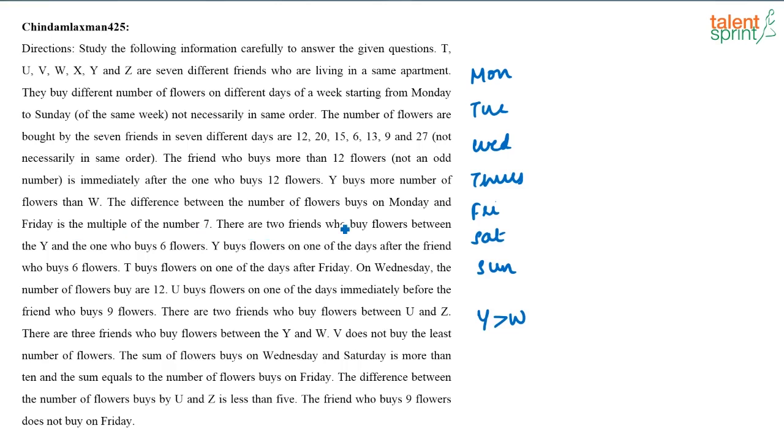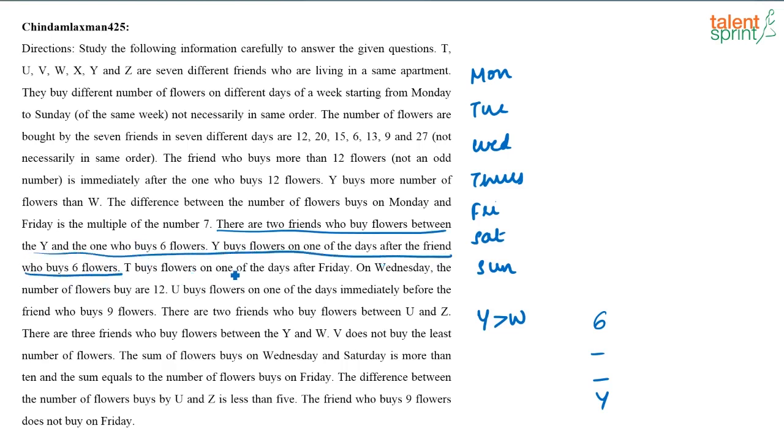There are 2 friends who buy flowers between Y and the one who buys 6 flowers. And it is also given that Y buys on one of the days after the friend who buys 6 flowers. So there is a person who buys 6 flowers, and after 2 days, Y will buy flowers. This is what these lines mean.